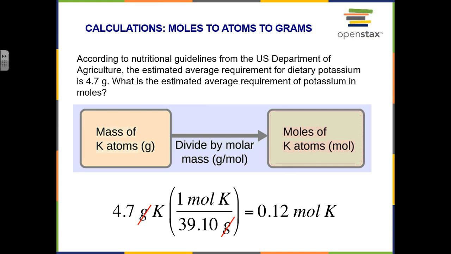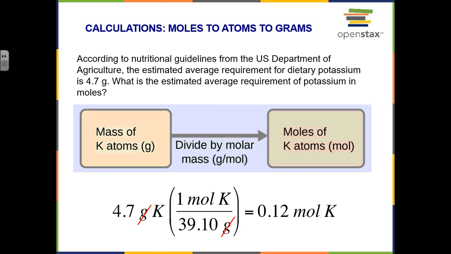Here we have a question that tasked us with using our 4.7 grams of material, and it wants us to find the moles. According to this question, the estimated average requirement for dietary potassium is 4.7 grams, and it'd like to know what that value is in moles.